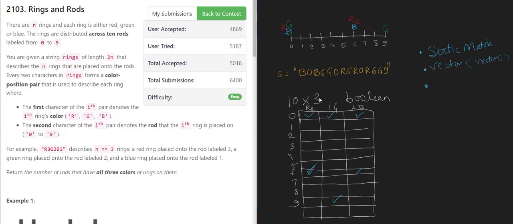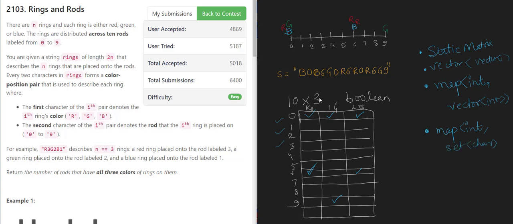Or we can also take a map or dictionary, where rather than taking a static matrix, the row number is the key and the value can be stored as a 3 element vector, so vector of int. In fact, if you want to really use STL, then we can also go with map of int comma set of char.